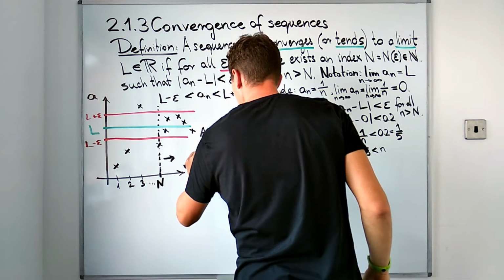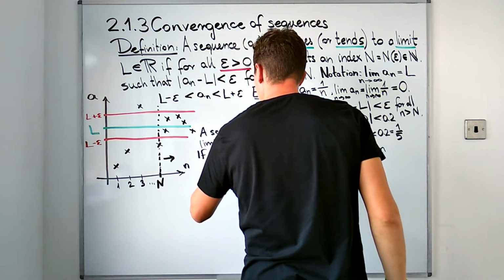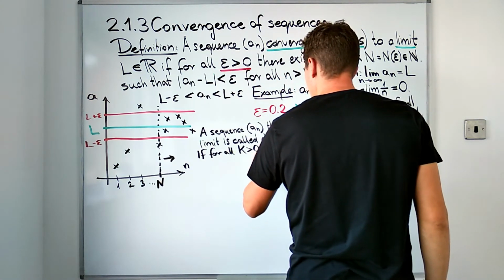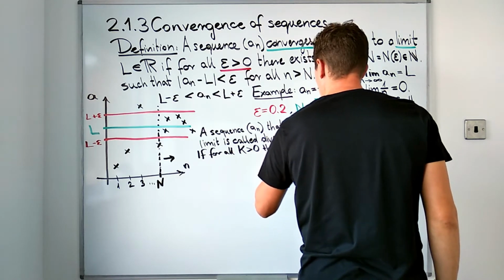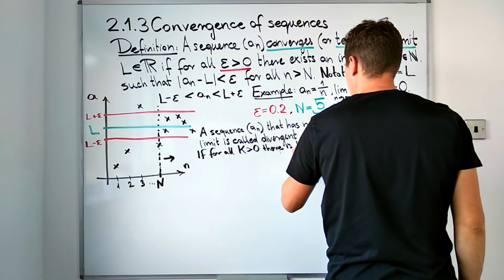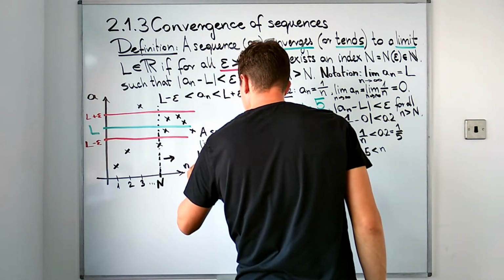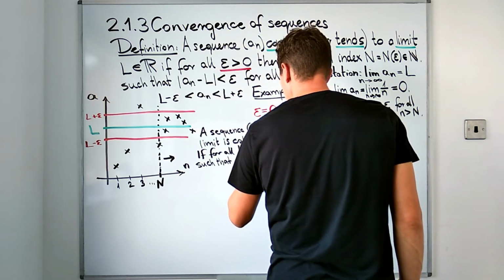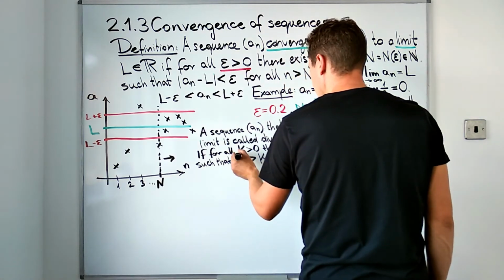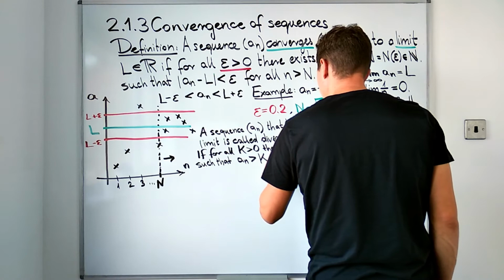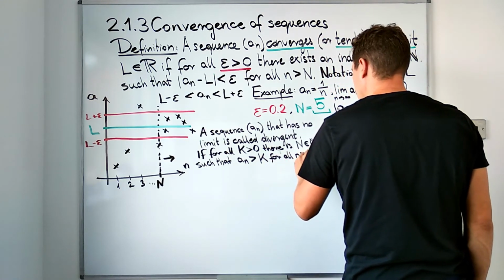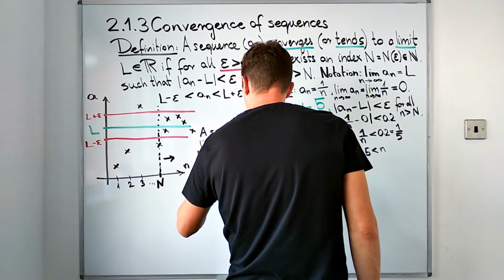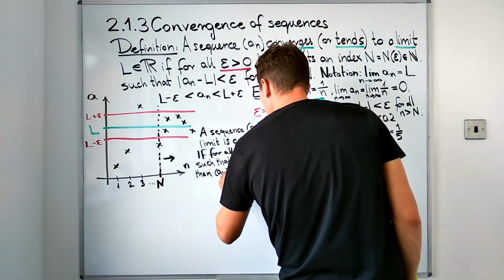So if for all, let's call it capital K bigger than 0, there is an index capital N such that the nth term of the sequence is greater than capital K for all indices that come after capital N, then a_n diverges to plus infinity.